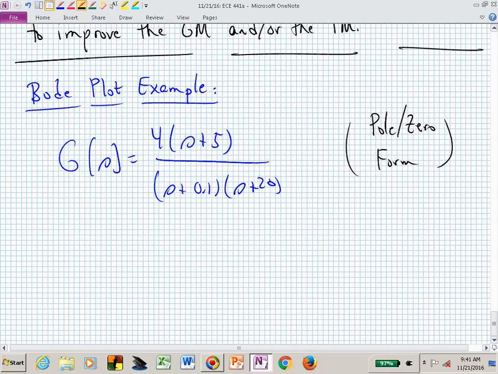And where are, relative to the imaginary axis, where are these poles and zeros located? Right half plane, left half plane, a mix? These are all in the left, aren't they? And so you might hear somebody refer to this as a minimum phase system.